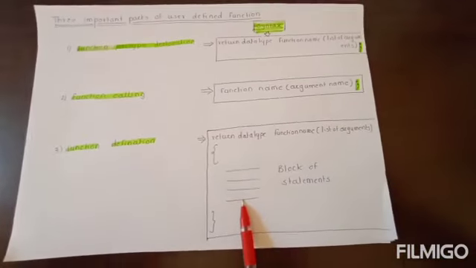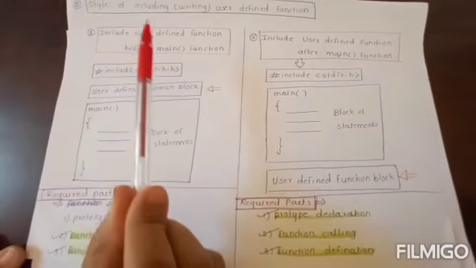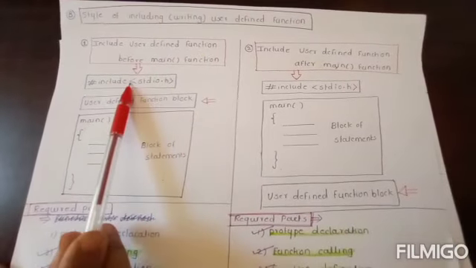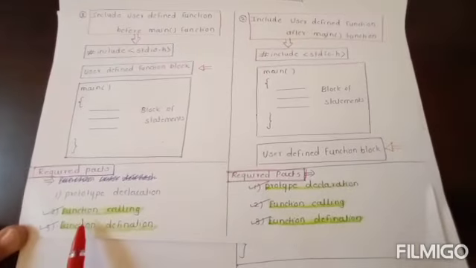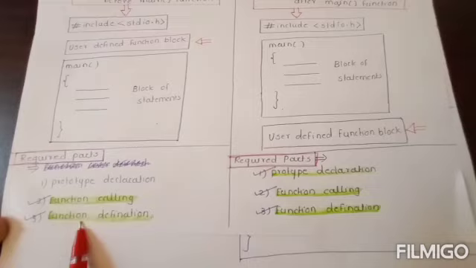Okay, so again we go back to the style of writing. If I include my user defined function block in between the header file and main function, we require function calling and function definition.